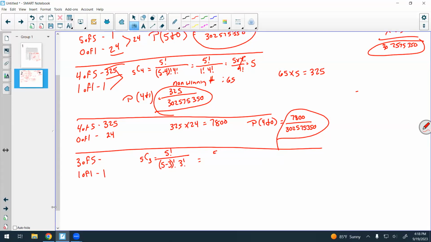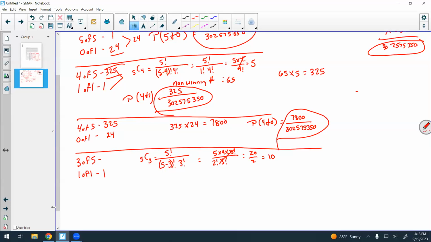So I have 5 times 4 times 3 factorial over 2 factorial, 3 factorial. I get 20 over 2, which is 10.